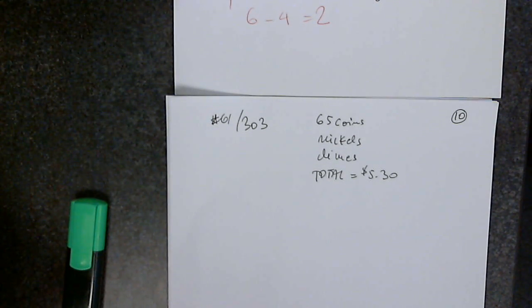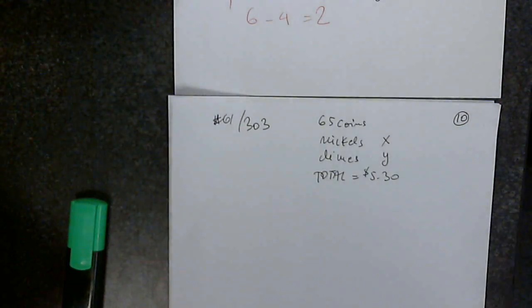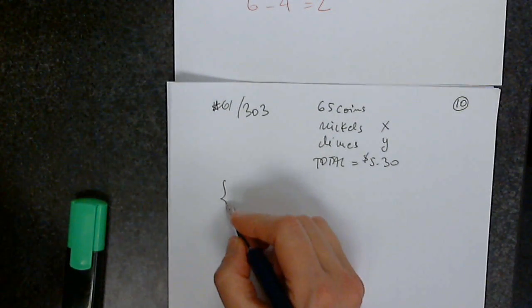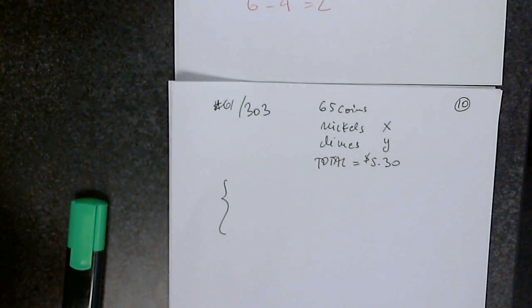So you have two variables, which means two equations. I agree. So make x equal to nickels, y equal to dimes. Doesn't really matter. Correct. So how many equations one more time? 2. Very good.